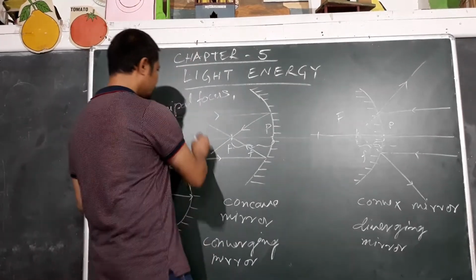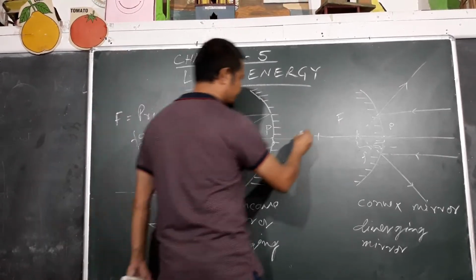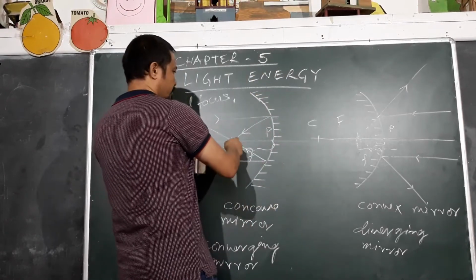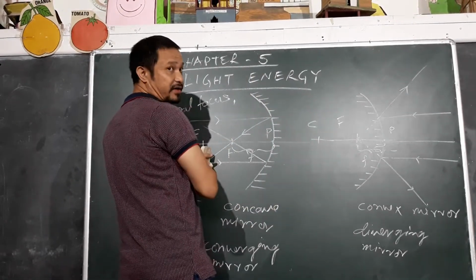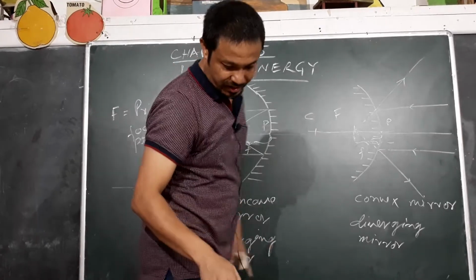Let's say this is the radius of curvature here, and here is the radius of curvature. The focal length is always half of the radius of curvature, and it's given in the book.